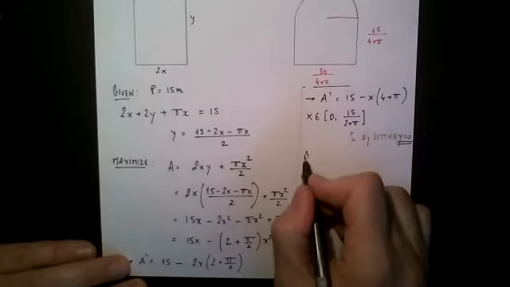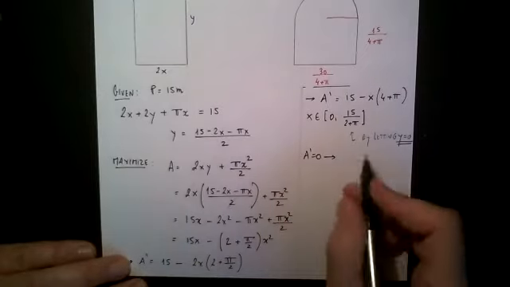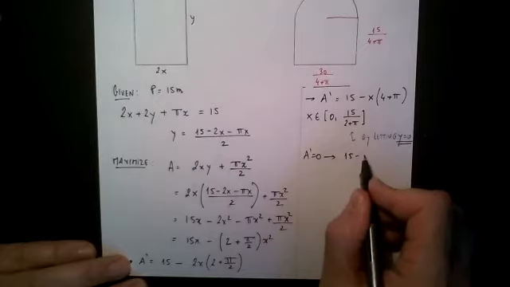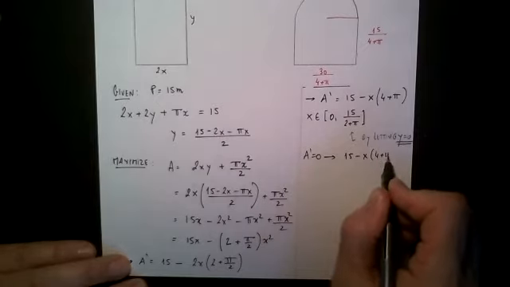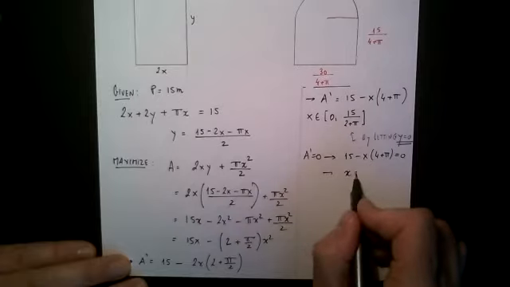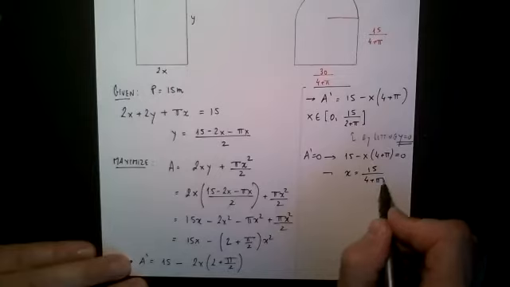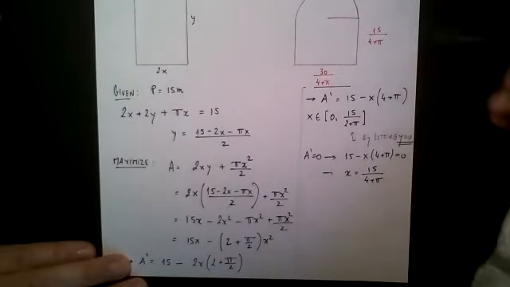Okay, so a prime equals 0 means what? It means that 15 minus x times 4 plus pi is equal to 0, and therefore if you isolate x, you will get 15 over 4 plus pi. Well, that's pretty much what we have here.